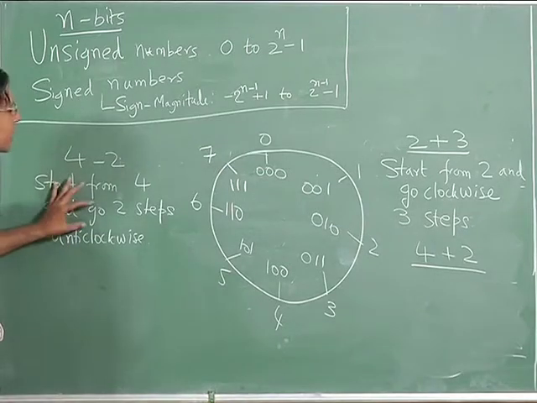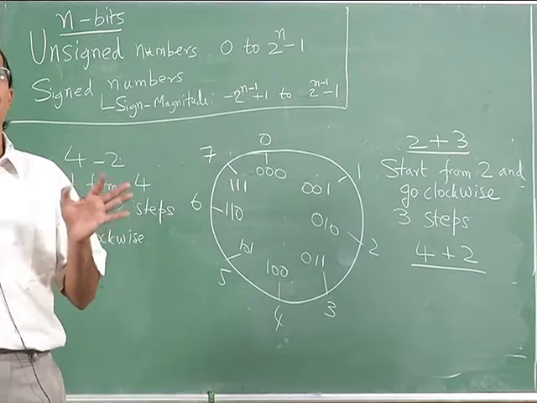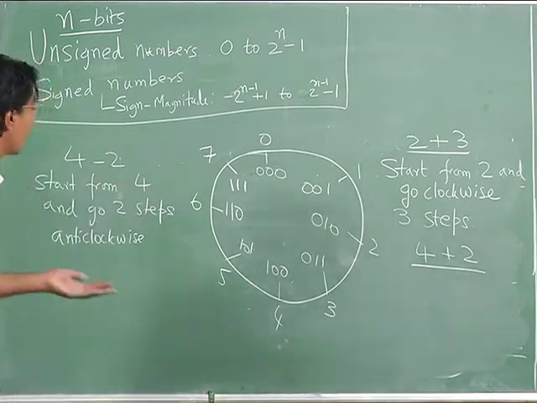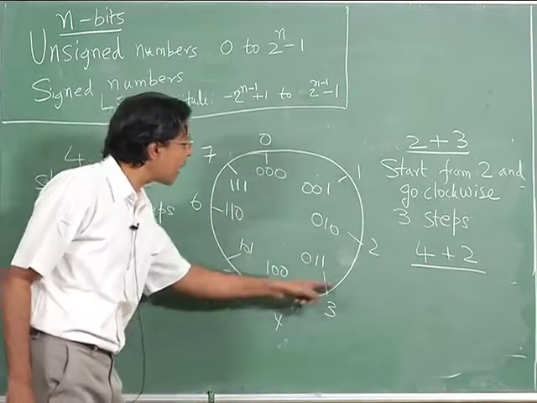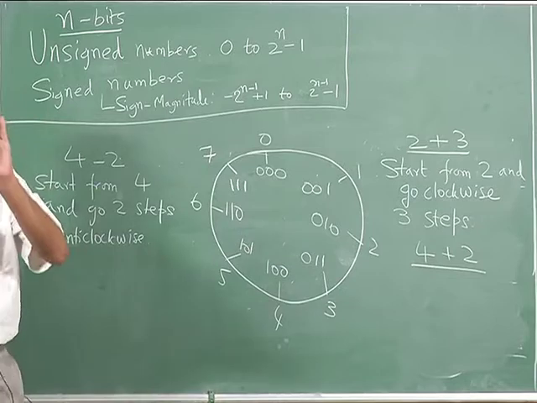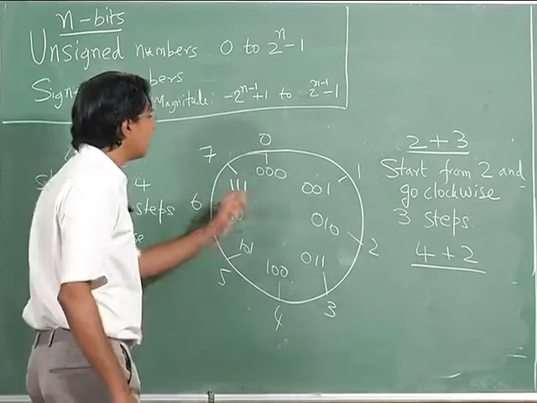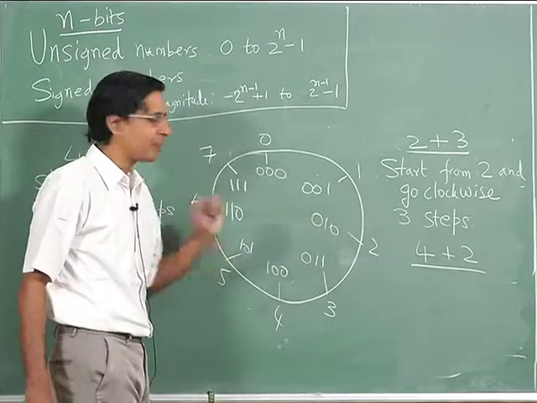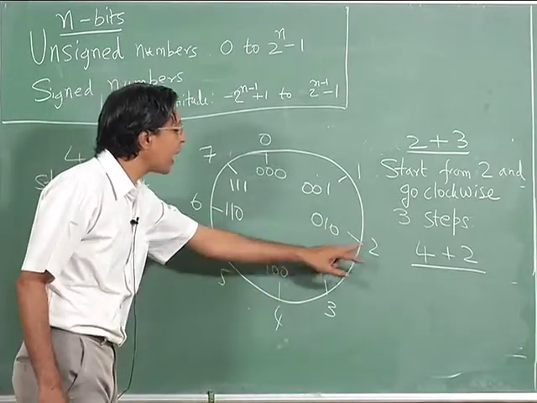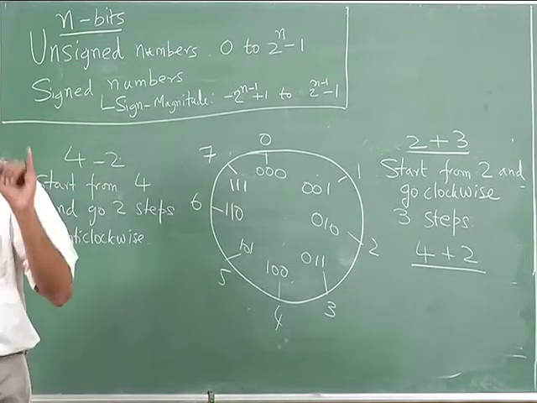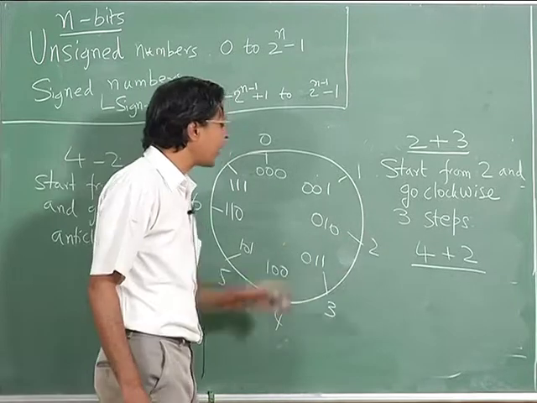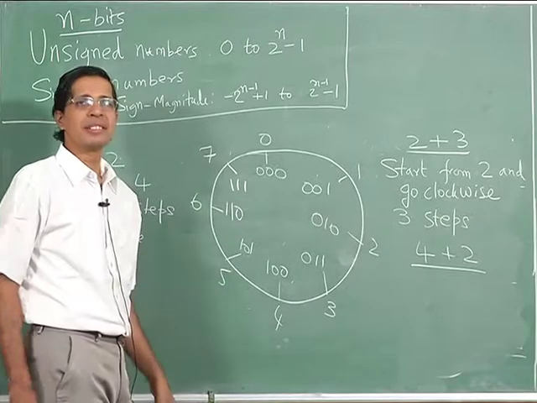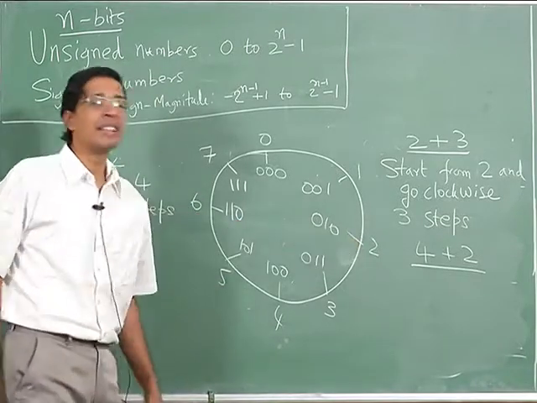How do we do it? How many steps are there in this whole arithmetic? There are 8 steps. After the 8th step, the whole thing comes back. So instead of moving 2 steps anti-clockwise, can I move 6 steps clockwise? If I do, I essentially get back to 2.